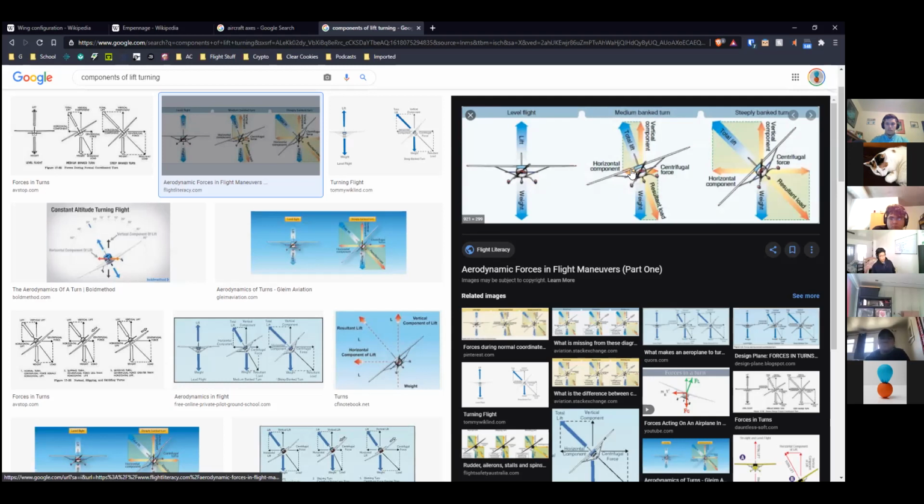But if you're banked, then some of your lift is going sideways. That's why it says horizontal component. And that pulls your aircraft to the side. And also because of the tail, instead of just drifting sideways and pointing forward, it changes so that you're pointing in the direction that you're sliding, basically.